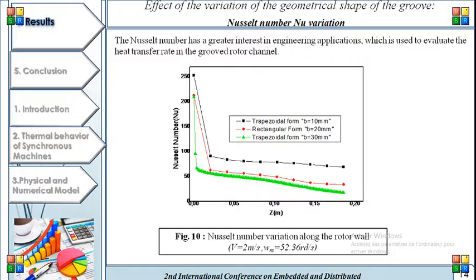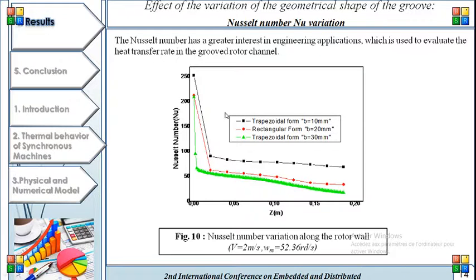Secondly, I plotted the Nusselt number, which is of great interest in engineering applications and is used to evaluate the heat transfer rate in the grooved rotor channel. This figure shows that the profiles are characterized by peaks due to good transfer on the groove walls, and the maximum values are located at the inlet of the groove and start to decrease rapidly.